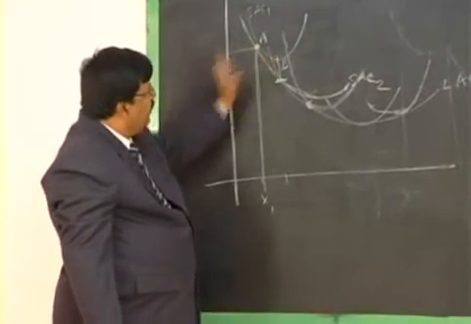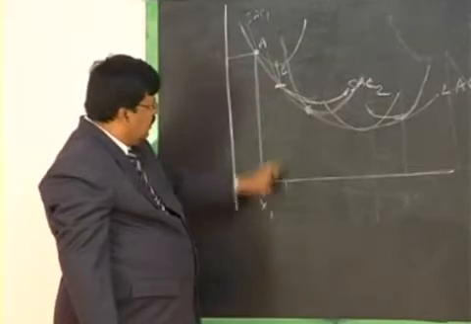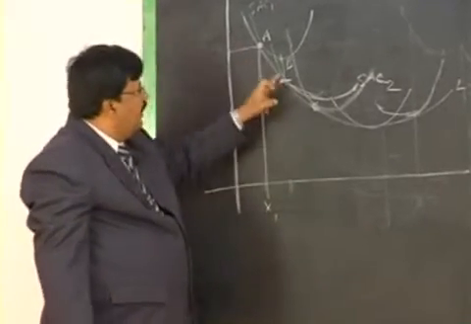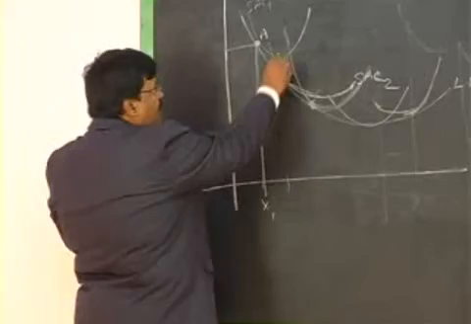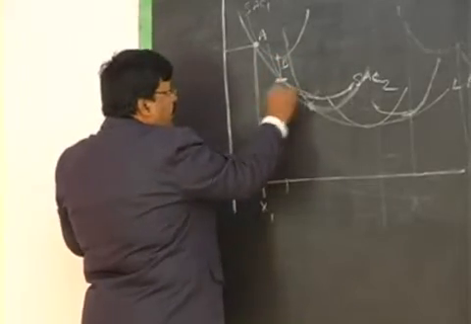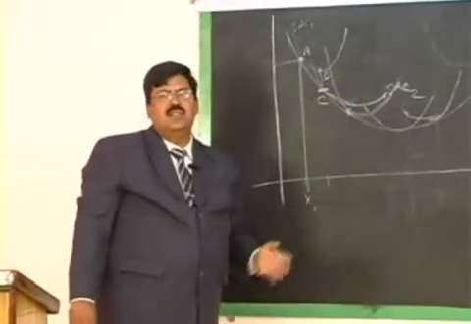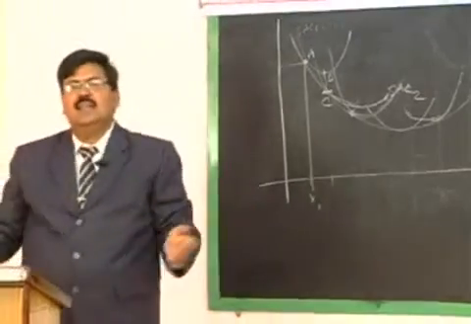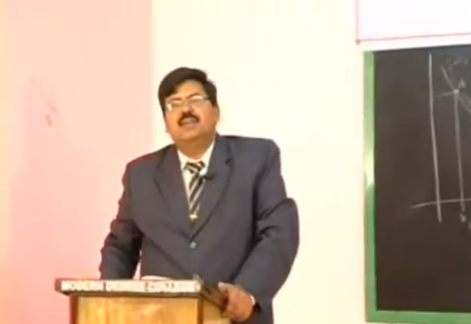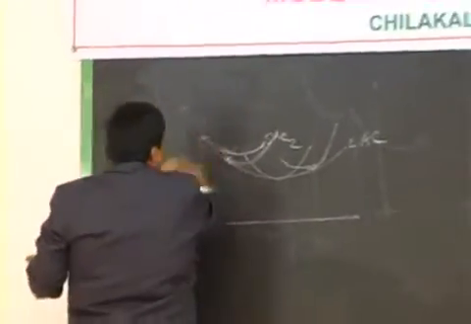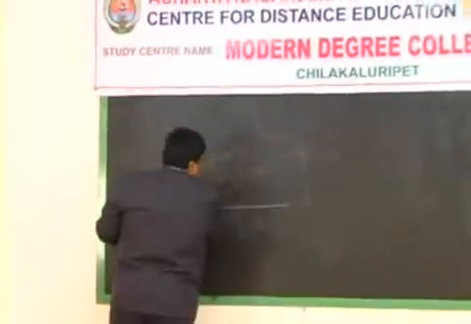Unit cost can be reduced by expanding towards B, and with a new bigger plant, the unit cost can still reduce from B to C. So it envelopes all the short-term situations. So LAC is called planning curve or envelope curve, and by reference to LAC, a person has to select the particular required size of plant.